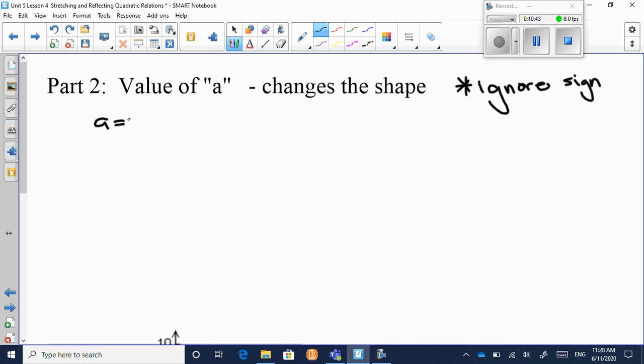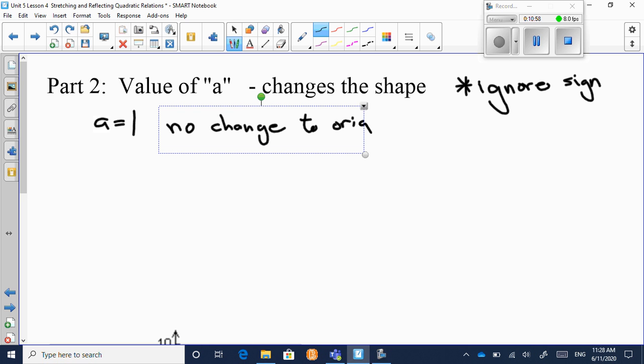If A is equal to 1, which to be honest is just the bread and butter one, there's no change to the original function. So if it's 1, it's just y equals x squared.